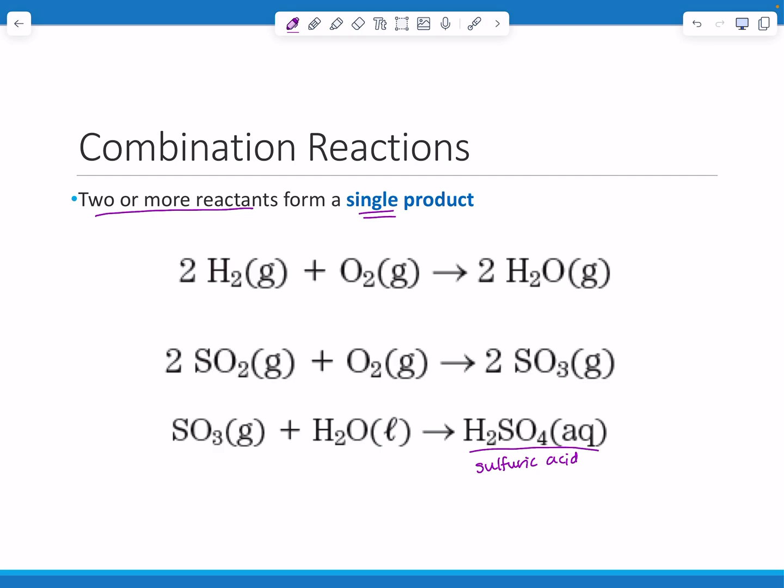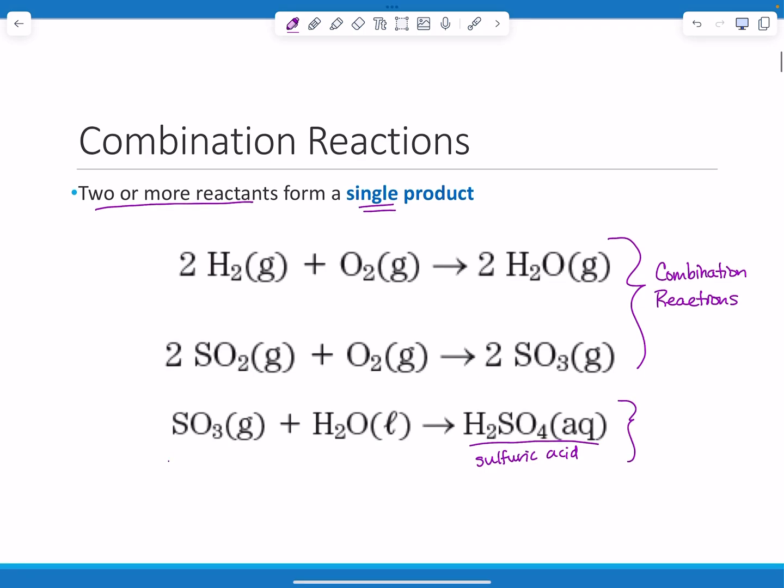So these two reactions up here are combination reactions, and so is this one. We're making one thing out of two.